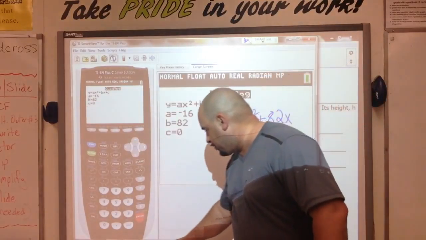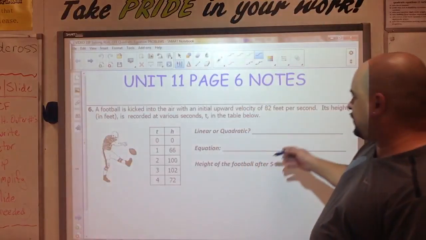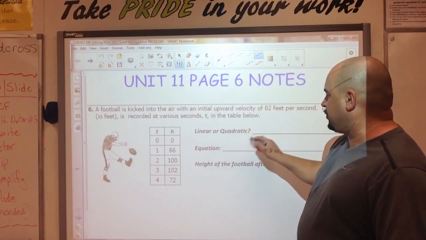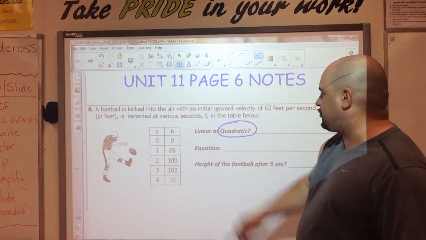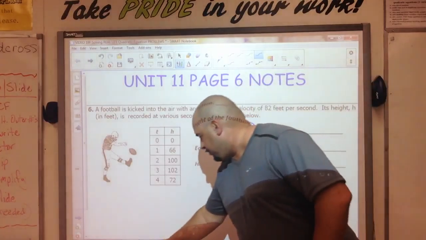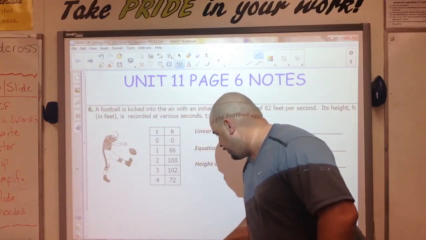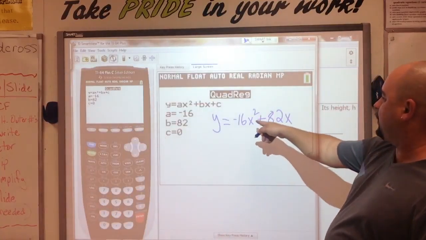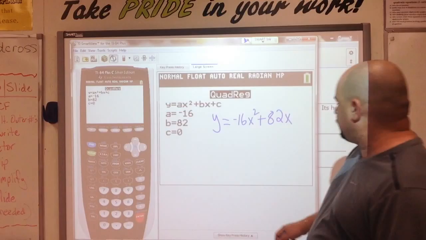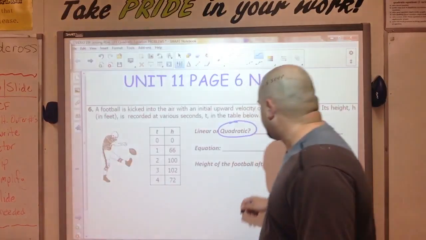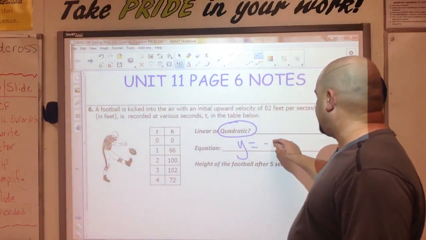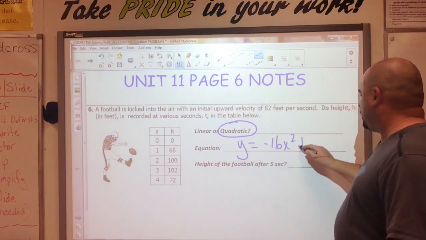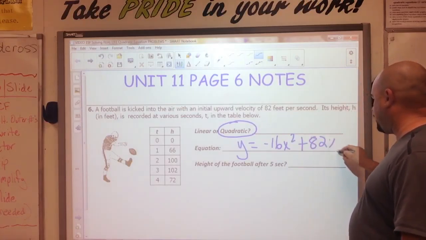Now part of the question states it's a quadratic, so we know it's quadratic. And so the equation here will be negative 16x squared plus 82x. So y equals negative 16x squared plus 82x.